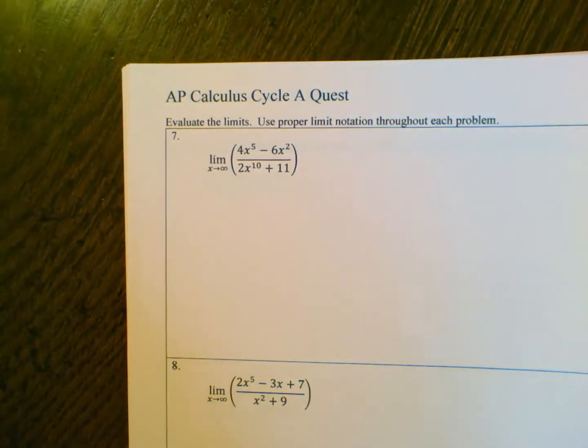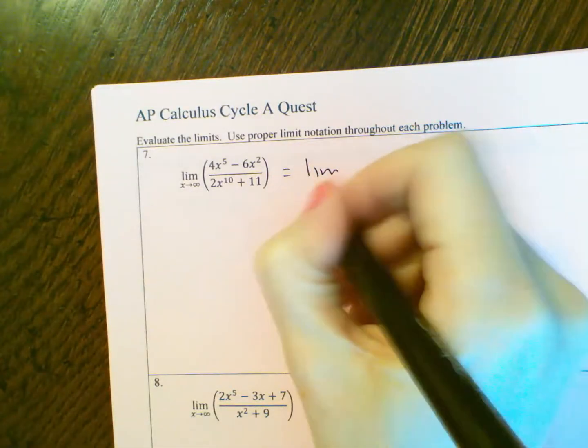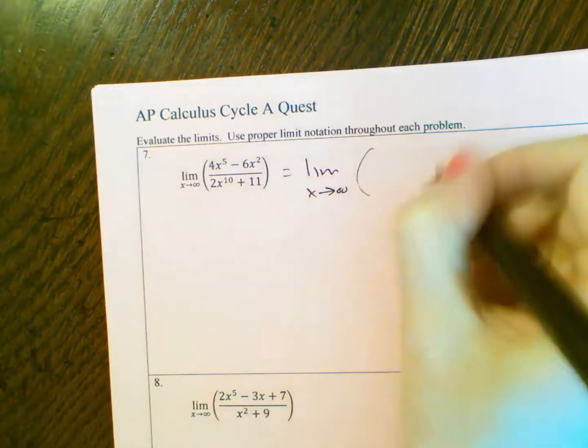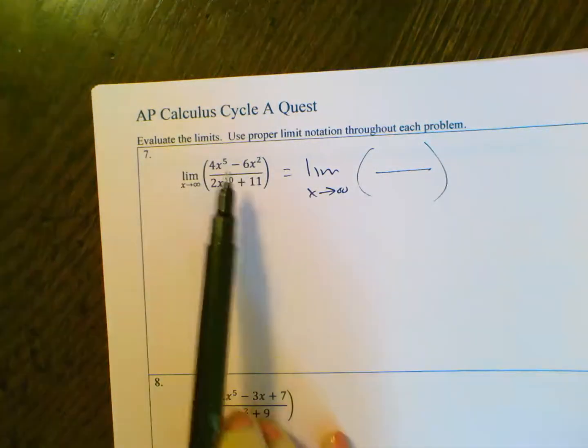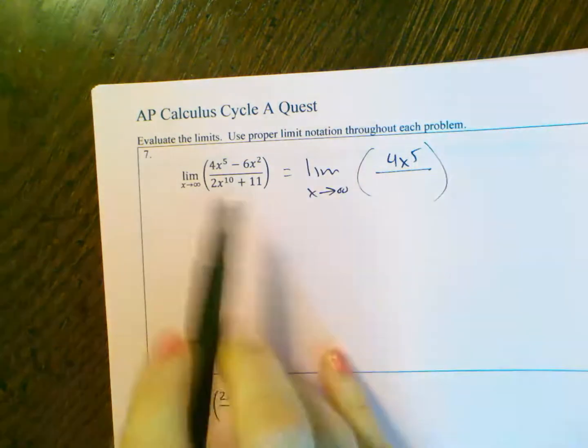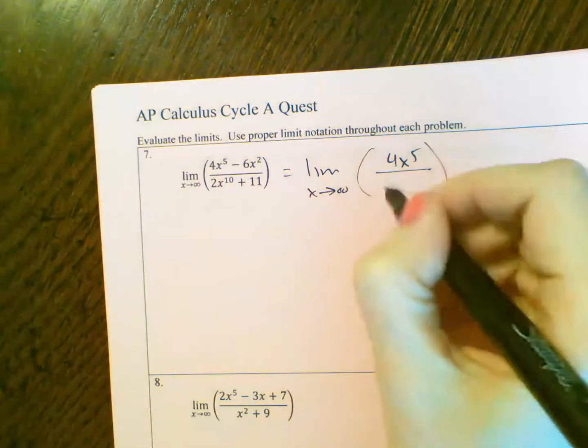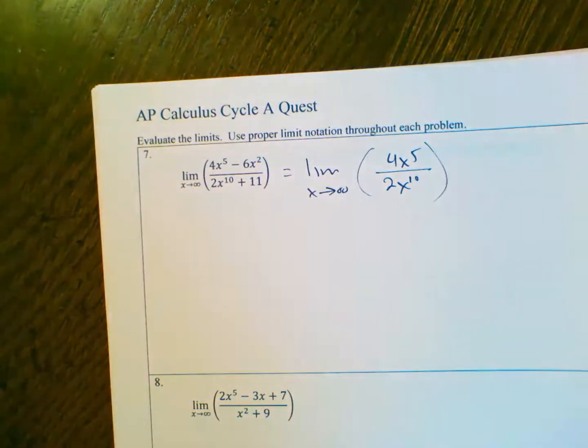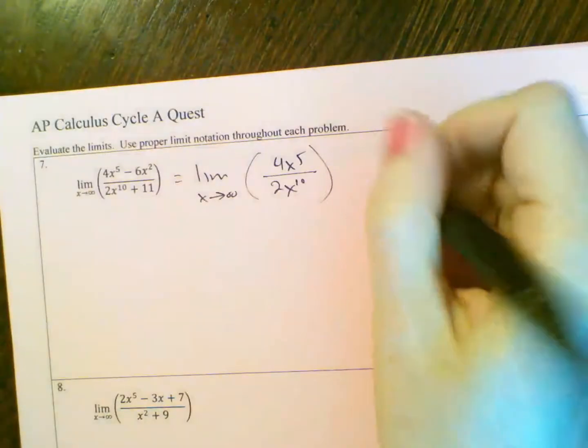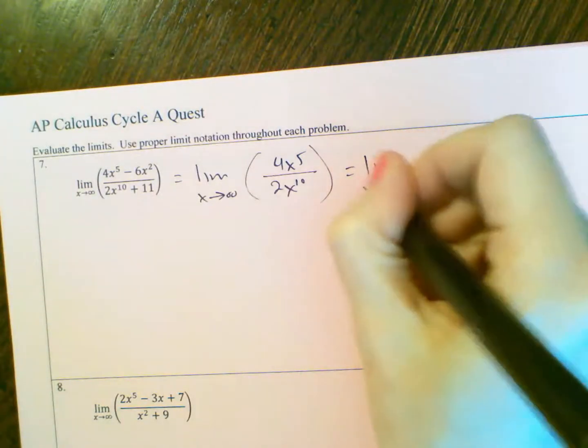So what you're allowed to do is say that this is equal to the limit as x approaches infinity of the highest power term up top, 4x to the 5th, over the highest power term on the bottom, 2x to the 10th. And then you can simplify.